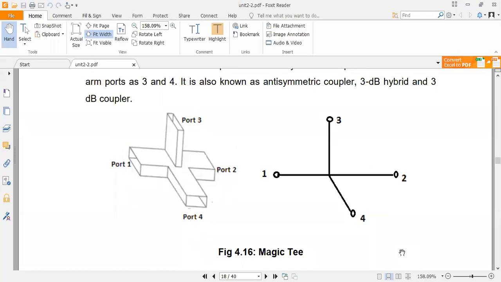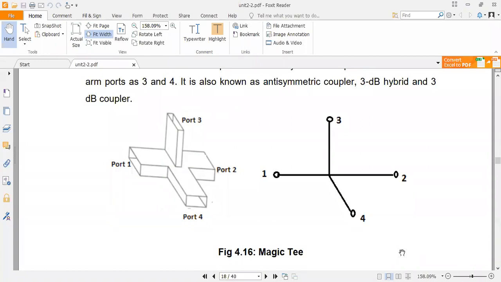The main advantage is that when you want to deliver the power to the two ports, generally a magic T can be used. The applications of magic T: it is used as a duplexer, mixer, impedance measurement network. It is even used in circulators also.